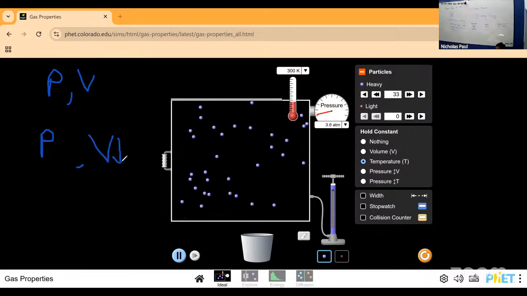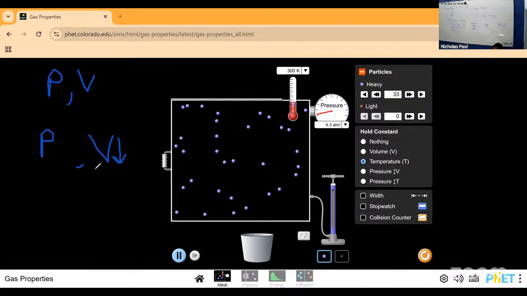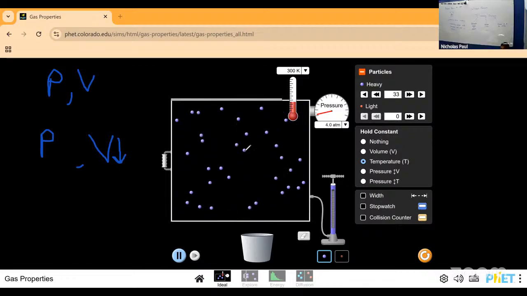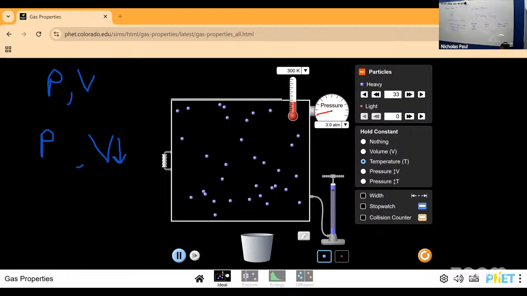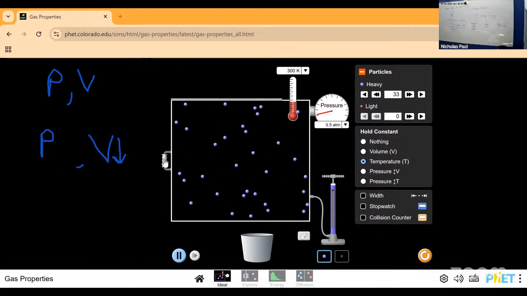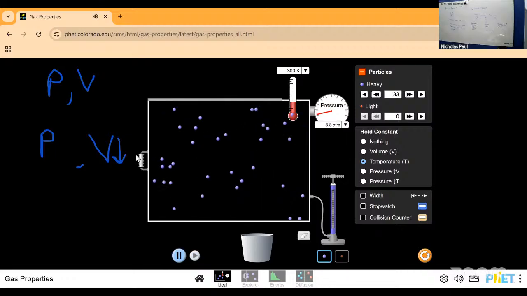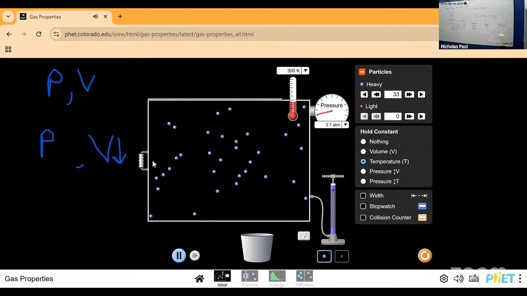What do you think will happen with the pressure? Will it get bigger or smaller? Let me see. Right, so I'm going to make the volume smaller. Did the pressure go up? The pressure was 3 and now it's gone up to.